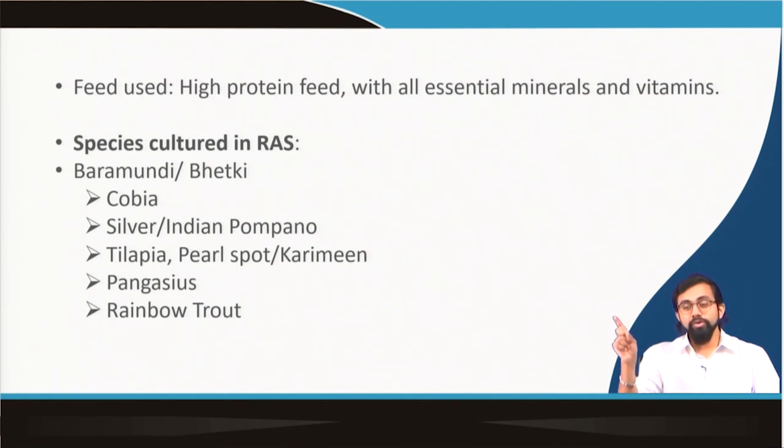So we are not throwing that water out into surface water bodies, which would create nuisances in the biological ecosystem. That's why RS technology has been preferred all over the world.